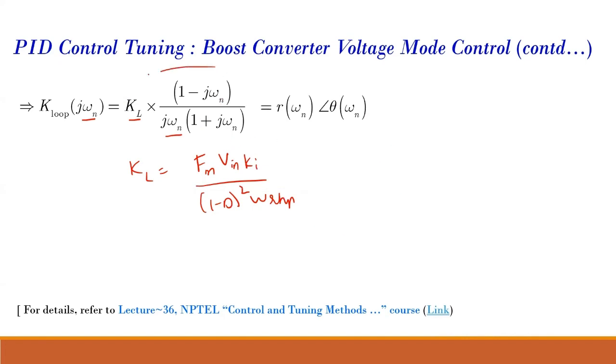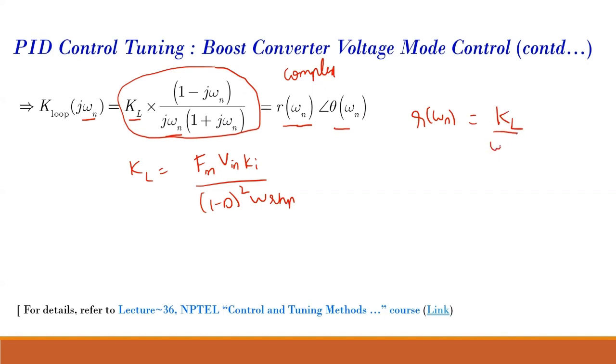So you see, this is a complex quantity. It can be divided into a real part and imaginary part, or the magnitude and a phase angle. So my R of omega n is given by KL upon mod of omega n into mod of (1 minus j omega n) upon (1 plus j omega n).